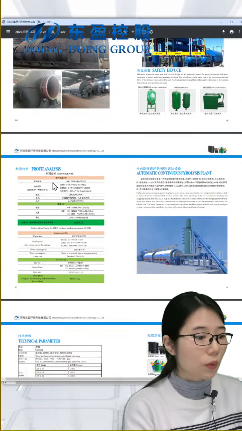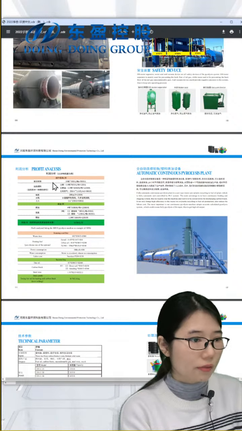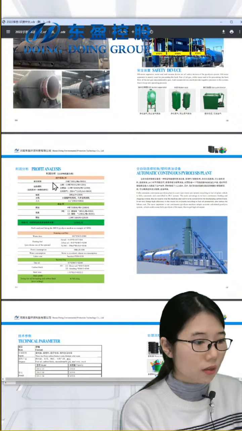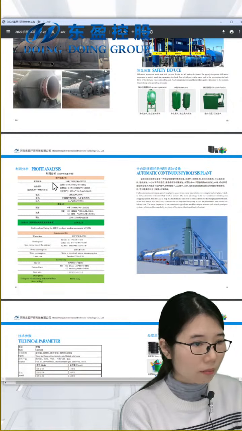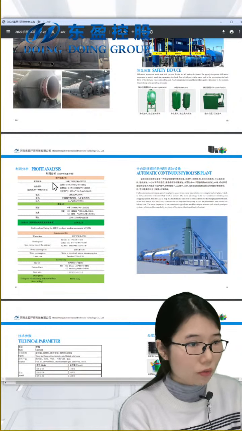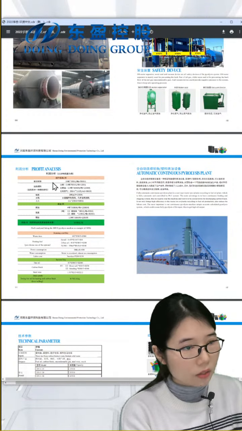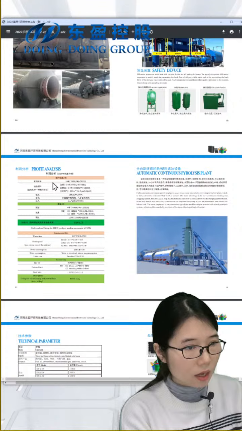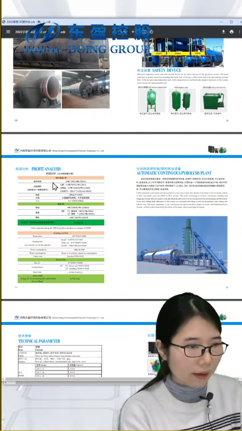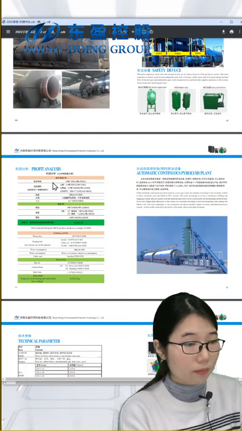And you will also get 3 ton carbon black. If you sell the carbon black directly, the price will be 300 Chinese yuan per ton. So you will get 900 Chinese yuan per day.